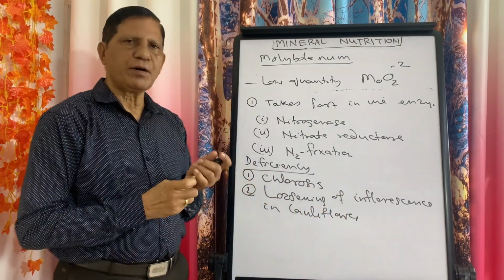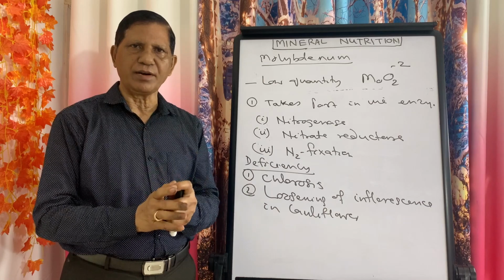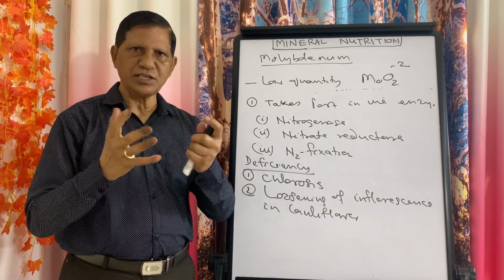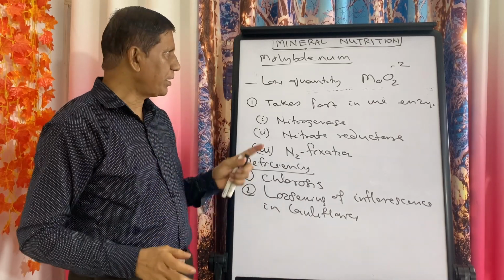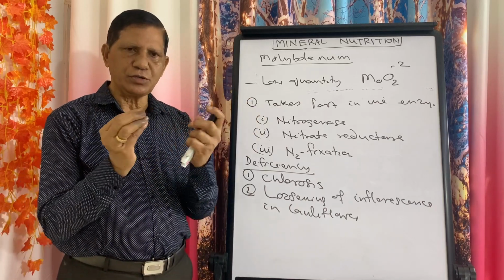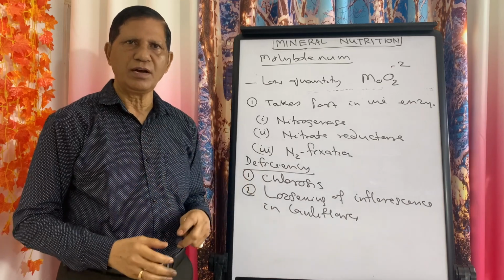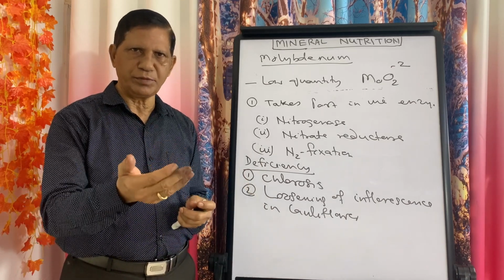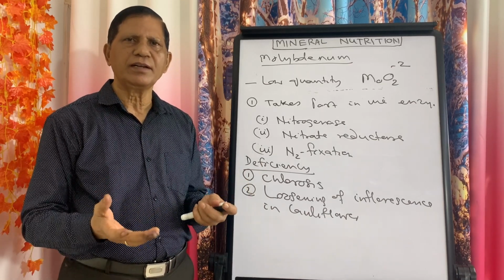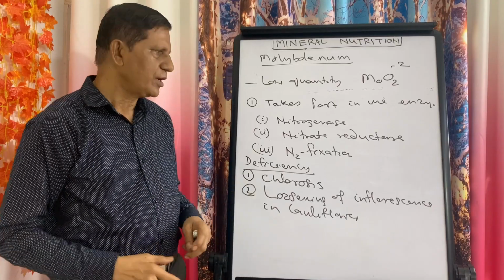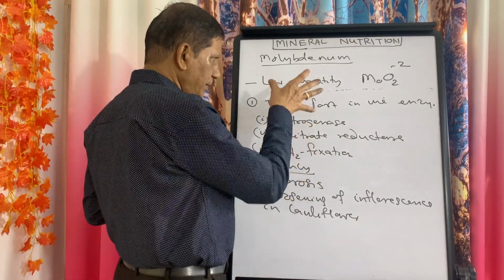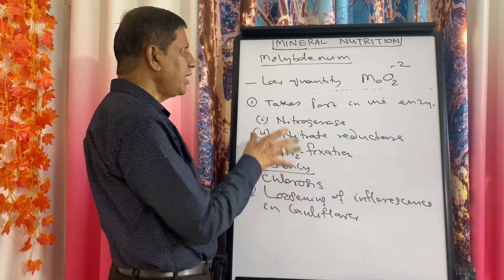What we have observed in cauliflower is that all the inflorescence is tightly packed. But if there is a shortage of molybdenum, the inflorescence will be separated from each other, so it will be very loose, and you will not prefer to purchase it from the market, because you will think that it is not good cauliflower. So these are the functions and deficiency of molybdenum.